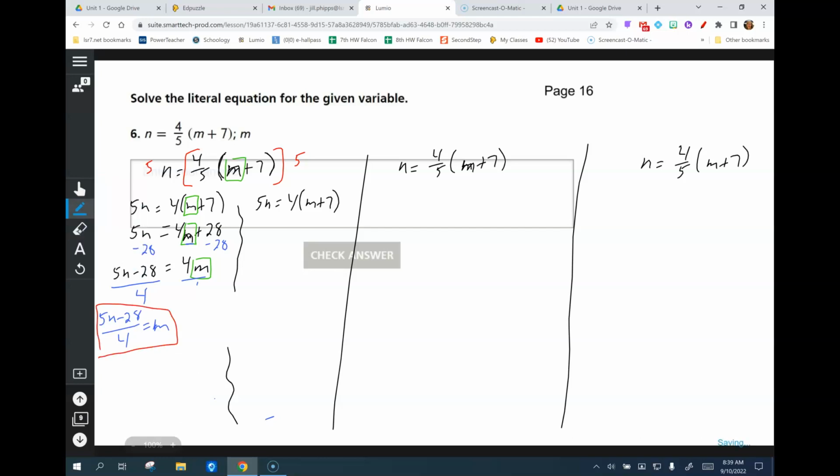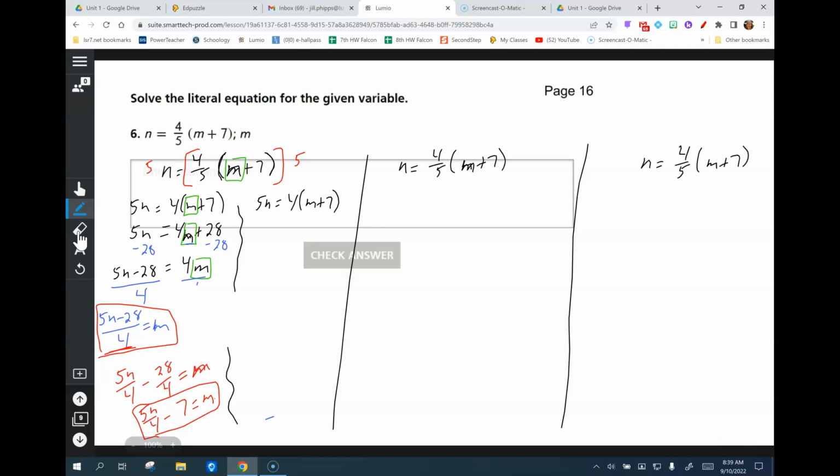I have m isolated, so I am done. But the other thing I could do with that, just to let you know, is you can break this fraction into two parts. So I could have 5n over 4 minus 28 over 4 is equal to m. Then I reduce the fraction, so I have 5n over 4 minus 7 equals m. Okay? So that's one way I could do that.